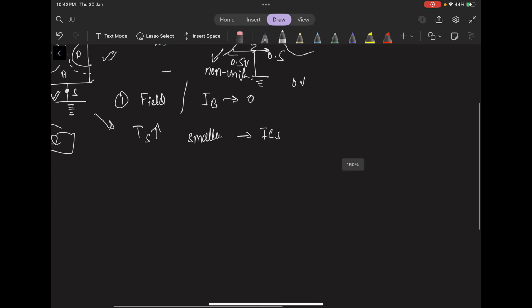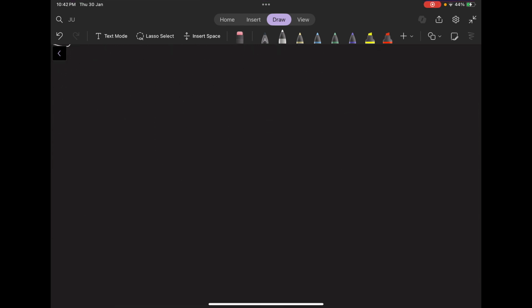Now we learn about the pinch off effect. Basically what happens is, after a certain voltage, we saw how the channels were non-uniform. So it is thinner towards the bottom half, towards the source, and then it gets thicker as we move towards the drain. Let's just draw it neater. So something like this.